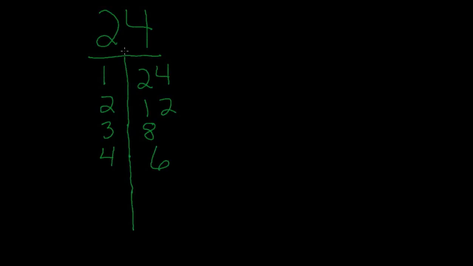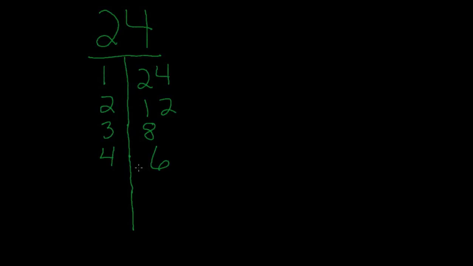And I know that 5 is not a factor because it does not end with a 0 or a 5. And as for 6, if both 2 and 3 are factors of that number, then 6 is also a factor. And so we do have 2 and 3, but we already have our factor 6 here, along with the 4. And 7 is not a factor.